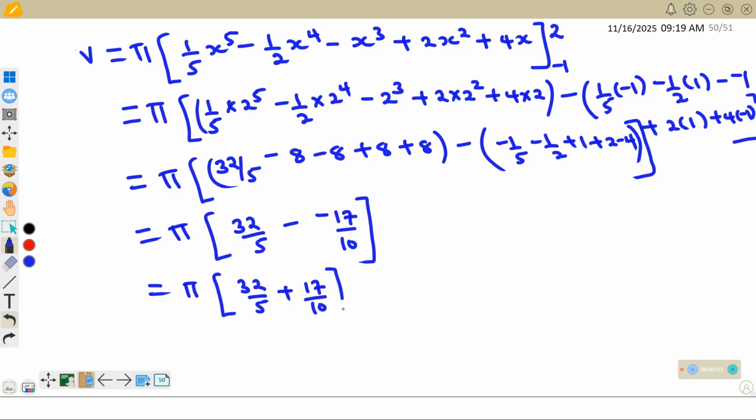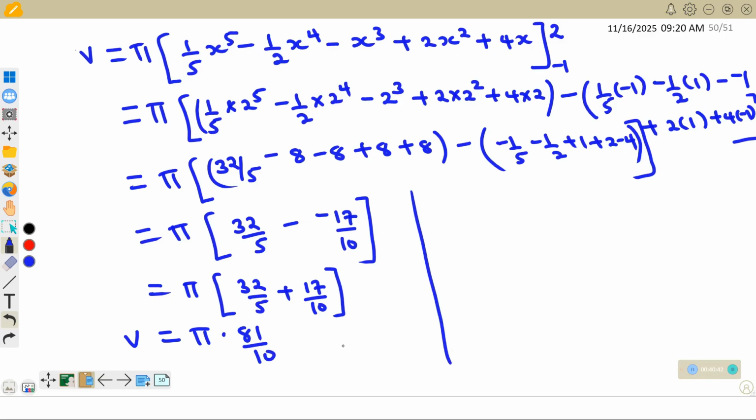So from there we shall be able to get the v, which will be pi times, so we try to simplify this. We have 32 over 5 and we are adding there 17 over 10, and this will give us 81 over 10.